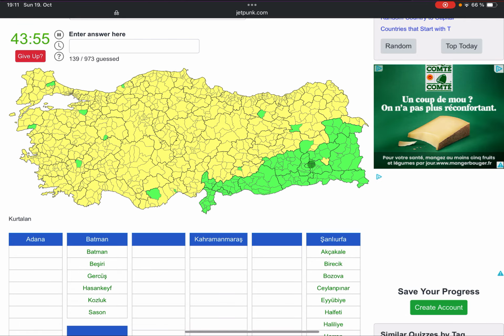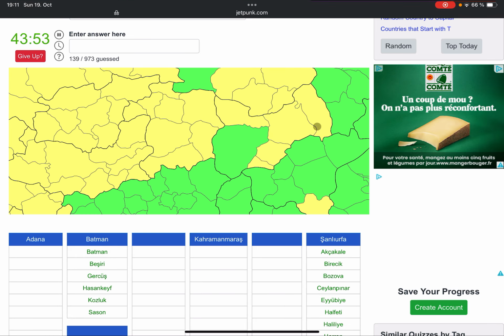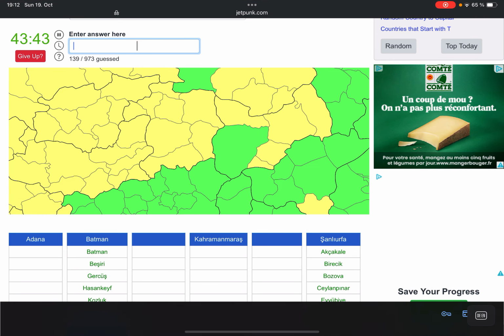All right. Yeah, let's do this one. We already have the province and the capital named by the name of Muş right here. And the other districts in the province are Hasköy, Korkut, Bulanık, Malazgirt, and Varto.